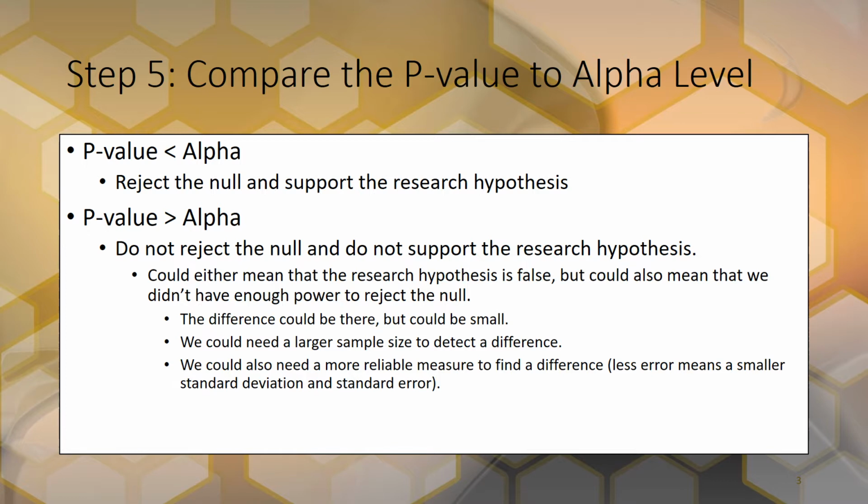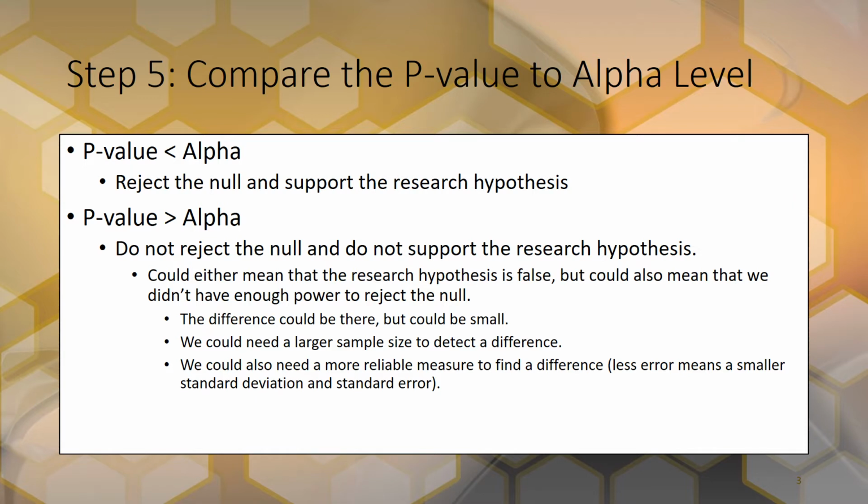Now, you've got to be careful when you don't reject the null. You don't want to just conclude that, because we don't have support for the research hypothesis, it's necessarily false. It just means we don't have support for it. It could mean that the research hypothesis is false in the population, and that's why we didn't find support for it.